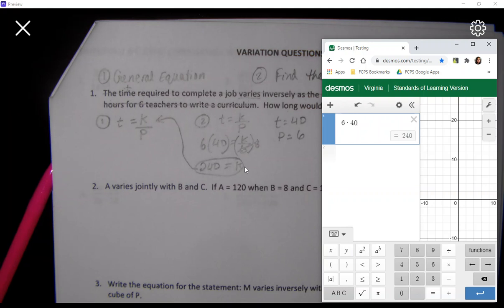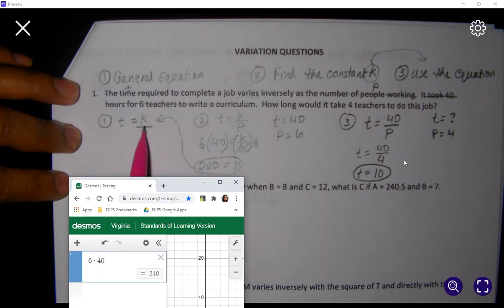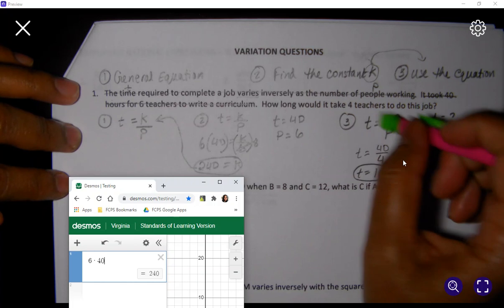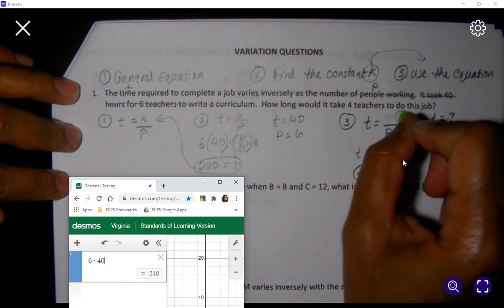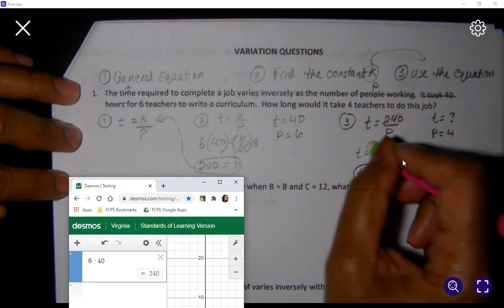So K equals 240. Oh, my bad. Look at what I did. K equals 240. And so I should plug 240 here, not 40.